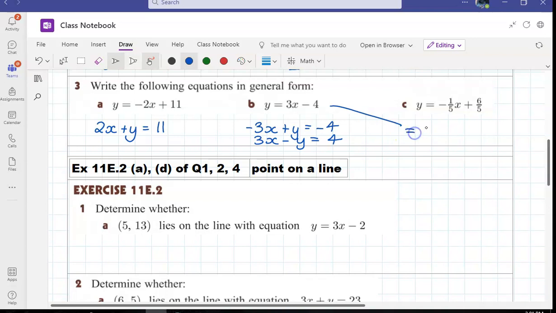Here's my equal sign. If I kept the 3x where it was, but now the y had to come and join it. This is a positive y. The minus. And then if I pop the 4 on the other side. So they are the same. Can you see? They are the same. I mean, I would then write this again.